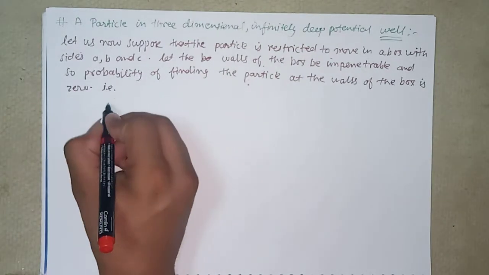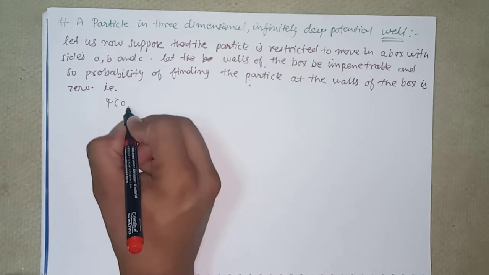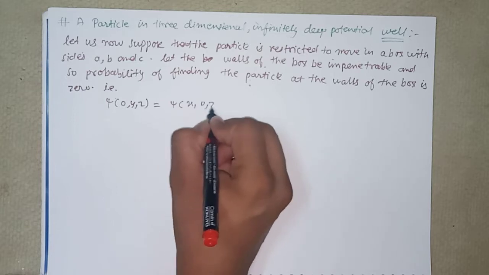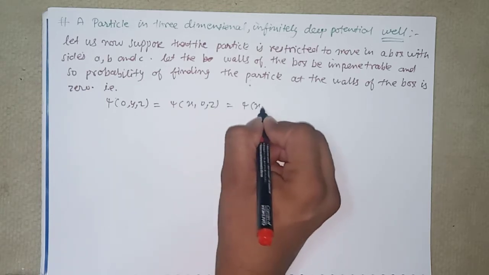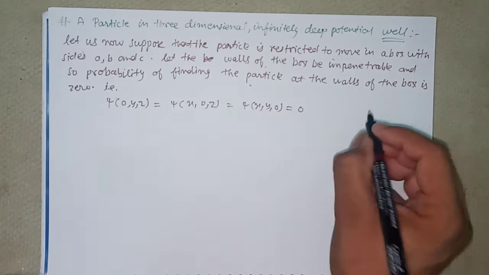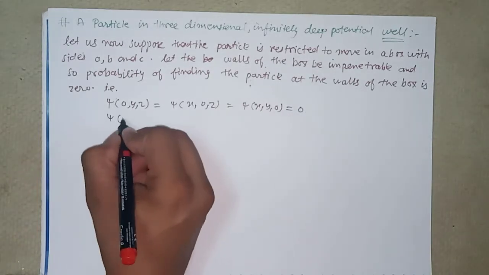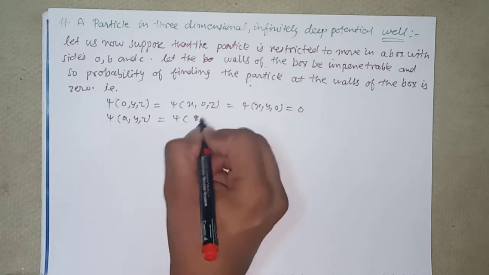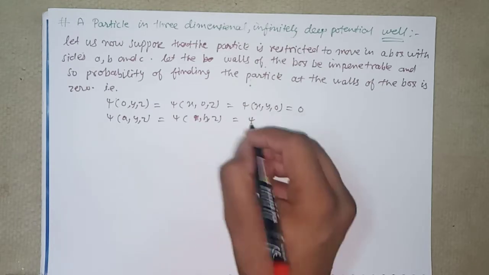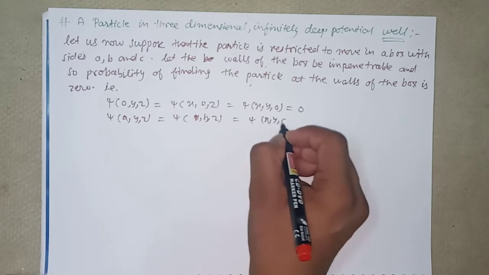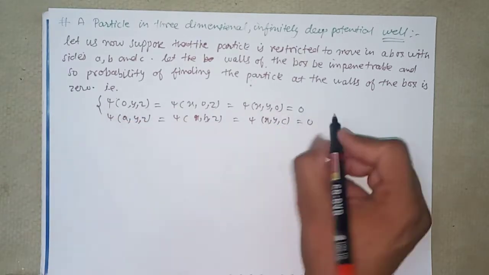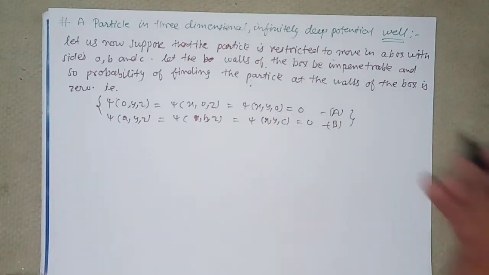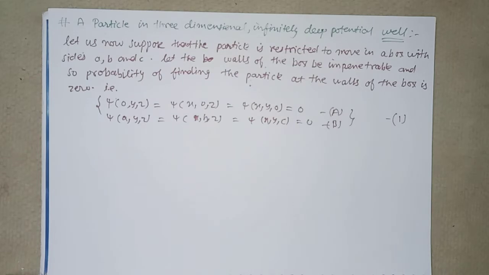That is psi 0 yz is equal to psi x 0 z is equal to psi x y 0 is equal to 0, psi a yz is equal to psi x b z is equal to psi x y c is equal to 0. Equation number A, equation number B. Equation 1.